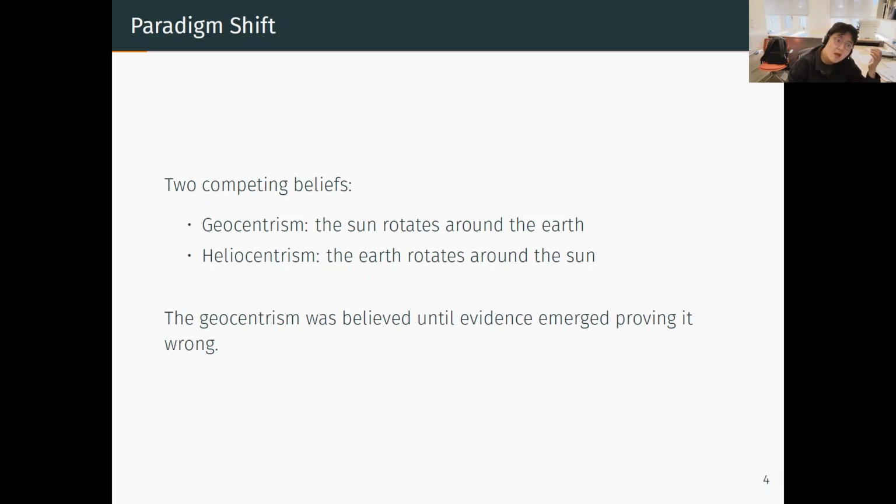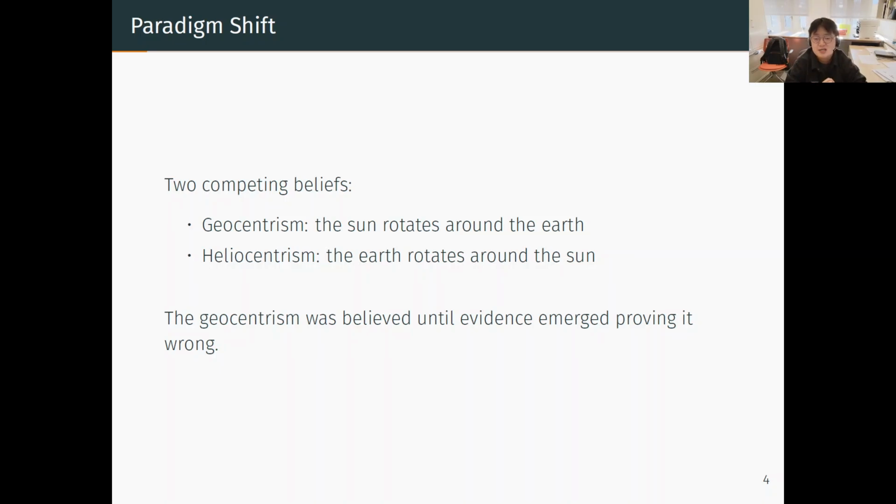So geocentrism was believed a long time ago, but the evidence accumulated to prove that something is not right. Geocentrism could not explain the movement of the planets and the sun and the moon. So at some point, we turned to heliocentrism. We agreed upon heliocentrism and just discarded geocentrism.